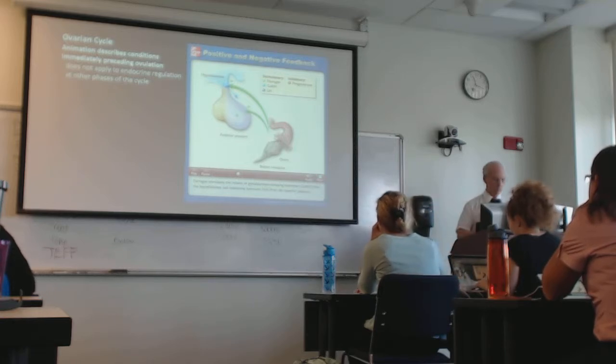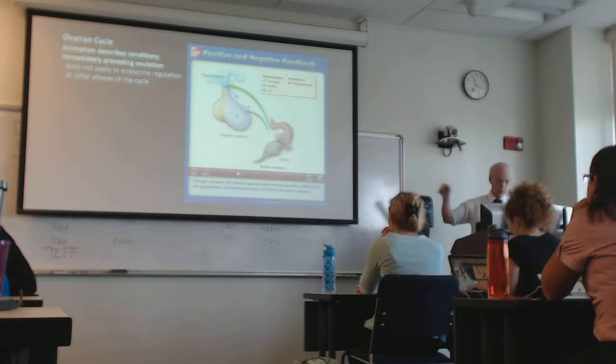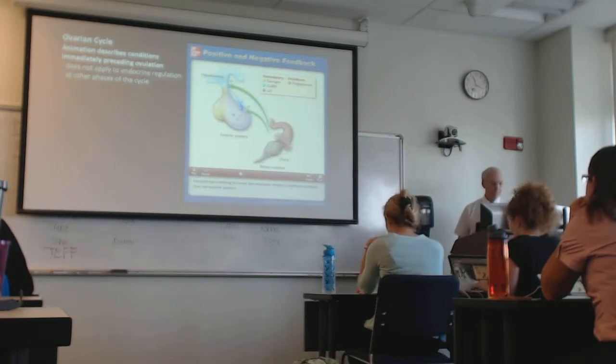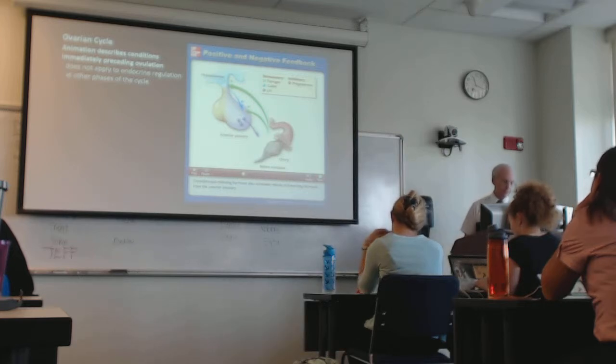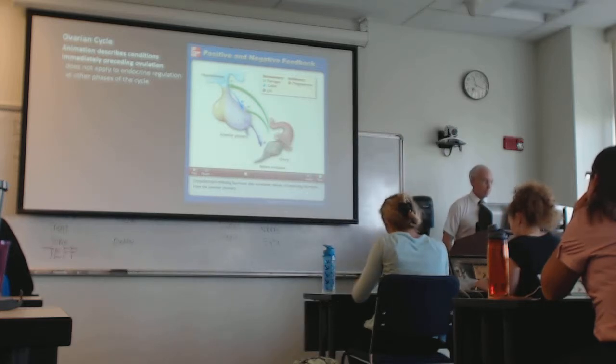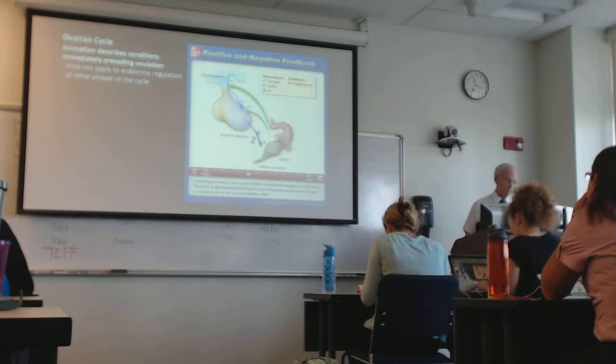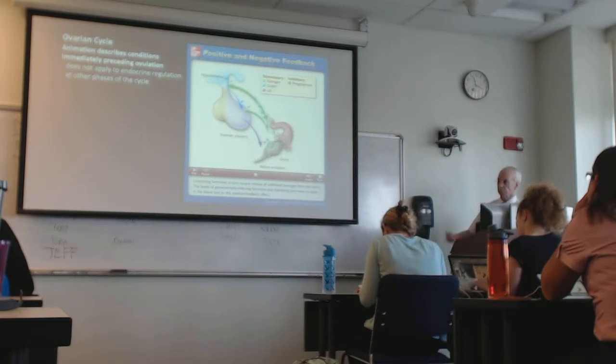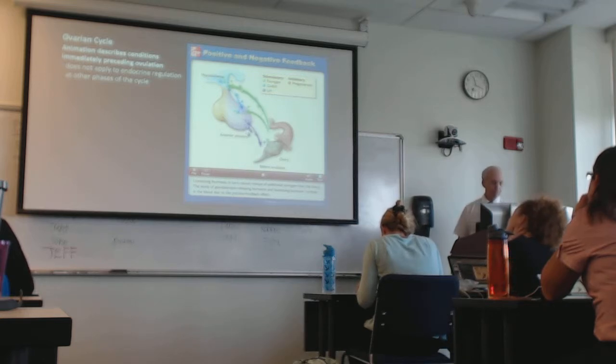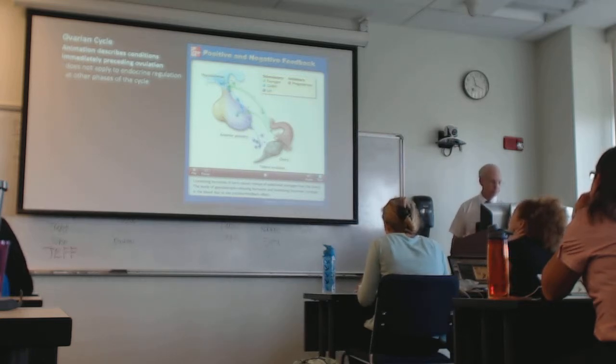So this is very strange, very unexpected, occurring right before ovulation. Gonadotropin-releasing hormone also stimulates release of luteinizing hormone from the anterior pituitary. Luteinizing hormone, in turn, causes release of additional estrogen from the ovary. The levels of gonadotropin-releasing hormone and luteinizing hormone increase in the blood due to this positive feedback effect.